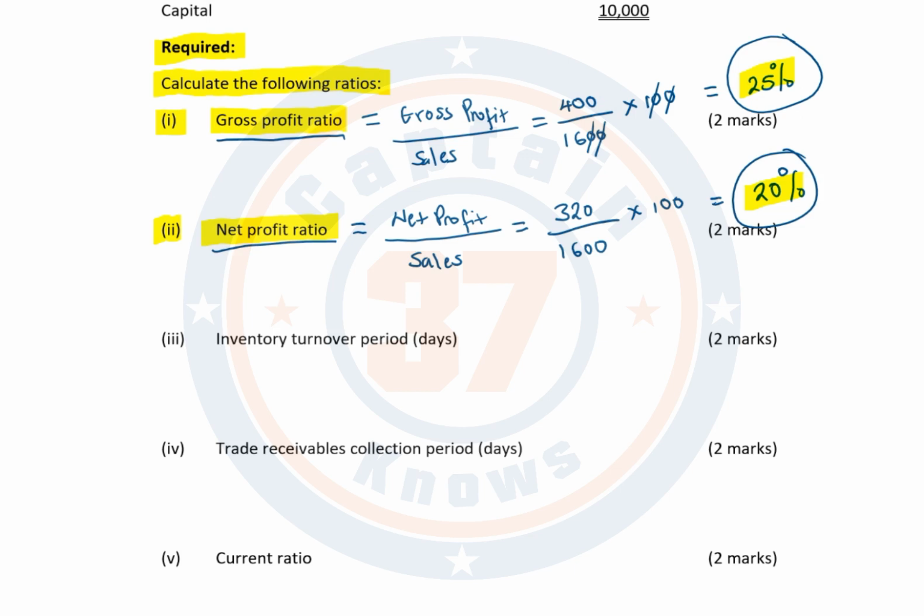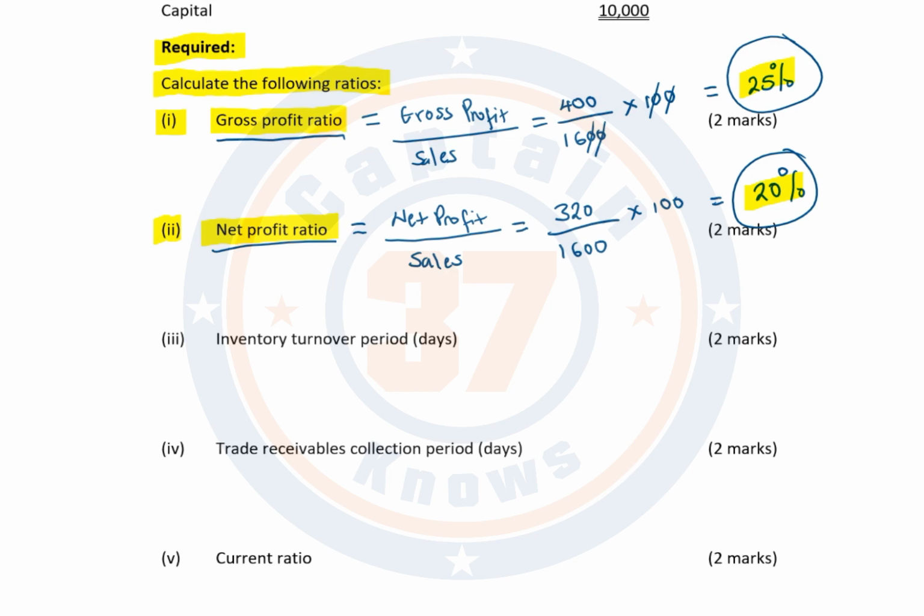So there is a difference between your net profit and your gross profit. Your net profit, as you may already know from your understanding of the income statement, is obtained by subtracting your operating expenses. It could be rent, it could be insurance, it could be depreciation.